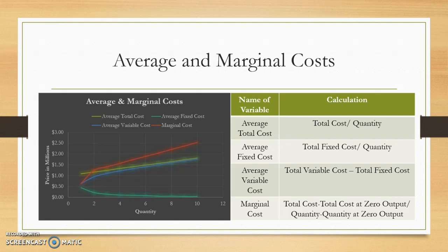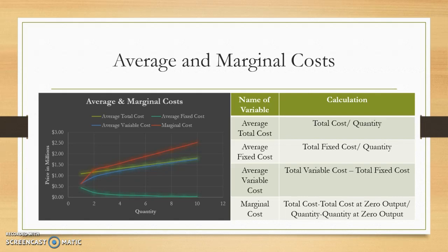And our average variable cost is our total variable cost over quantity. And our marginal cost is our total cost minus our cost at zero output, divided by the quantity minus the quantity at zero output.